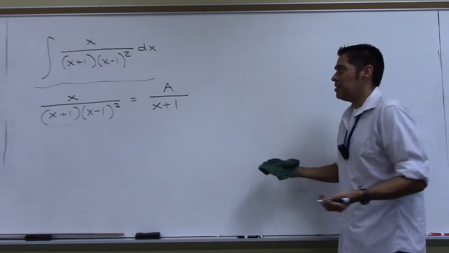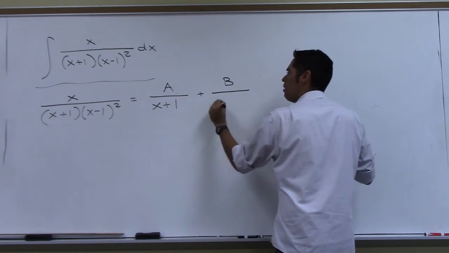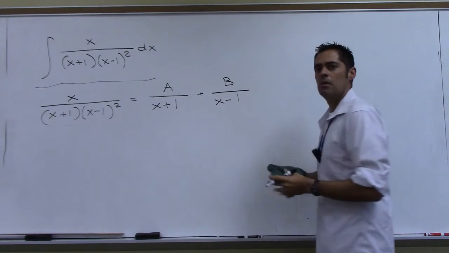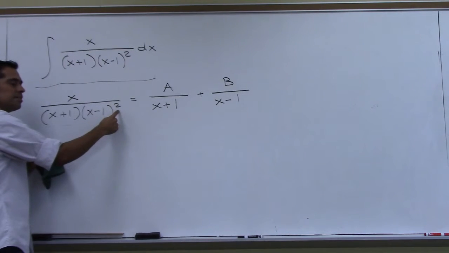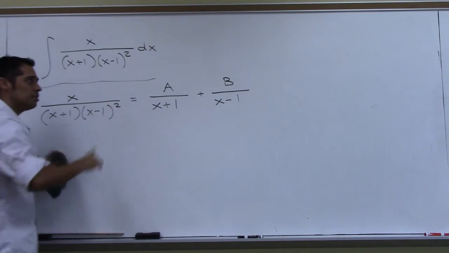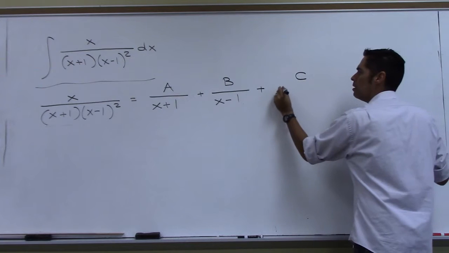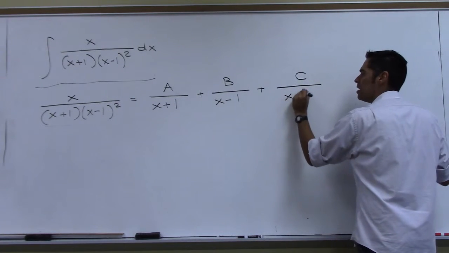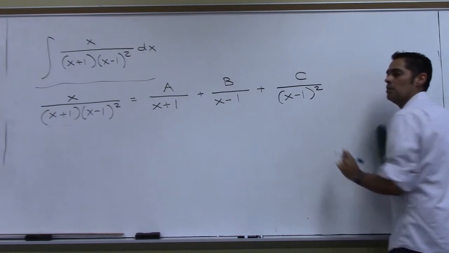Now, would it make sense that I should do a B over x minus 1? But the fact that it's a repeated linear factor means this is not enough. What we have to do is add one more thing to it: another number over the repeated linear factor squared.